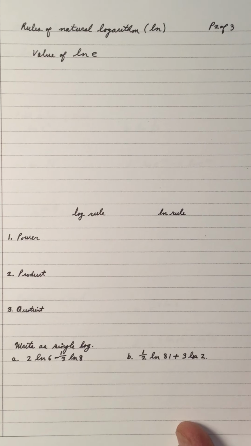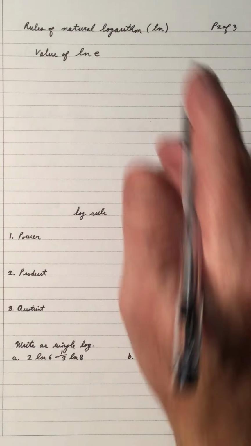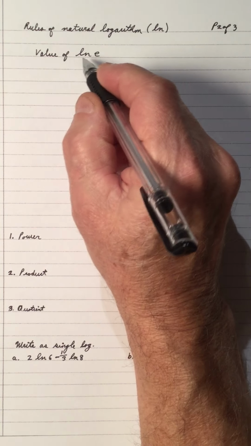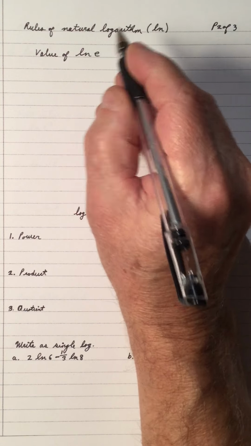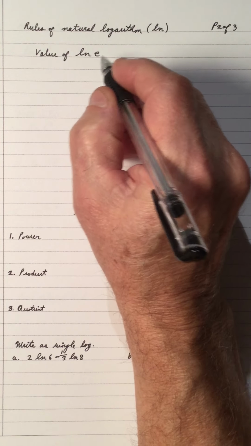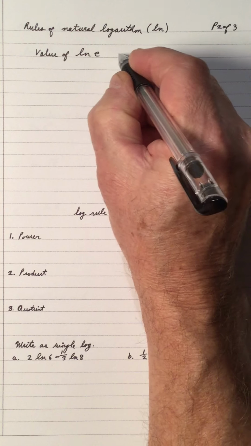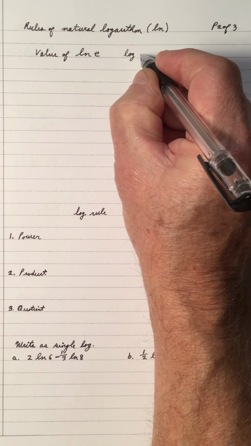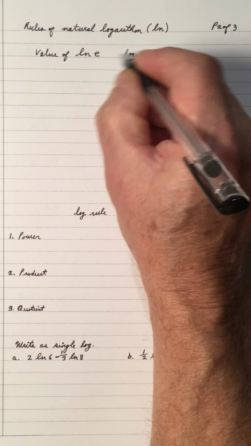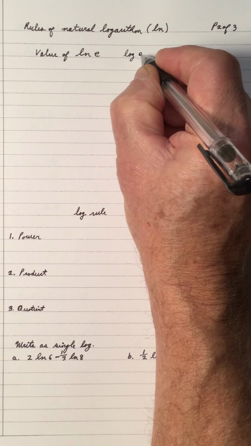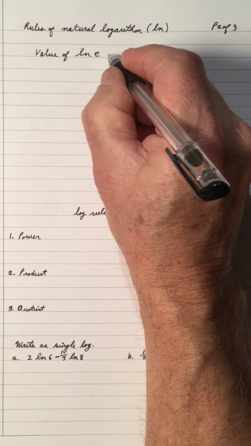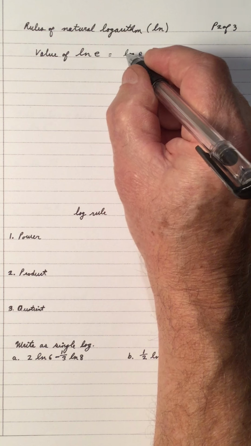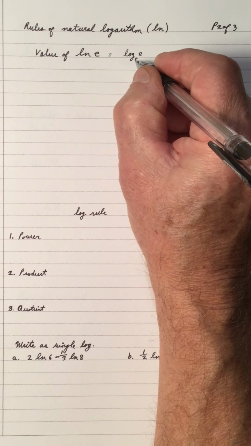The rules of natural logarithms, denoted by ln. Ln means natural logarithm. What is the value of the ln of e? Well, remember the ln of e is the same as the log of e base e, because the ln is the same as log base e.